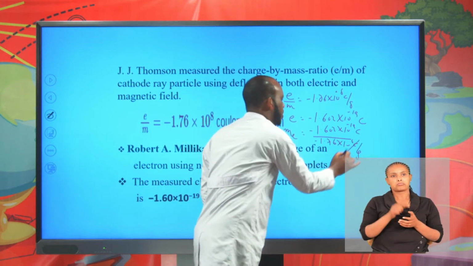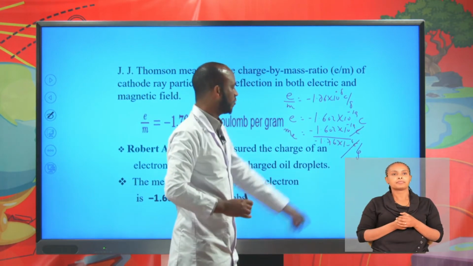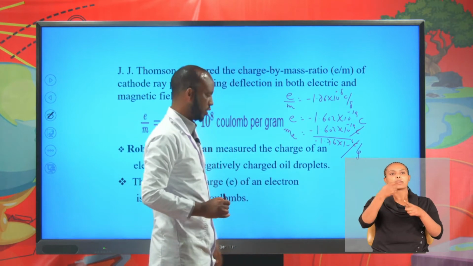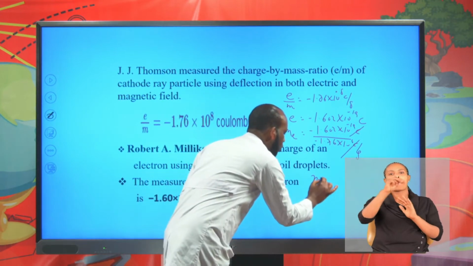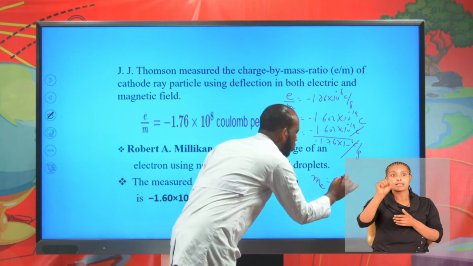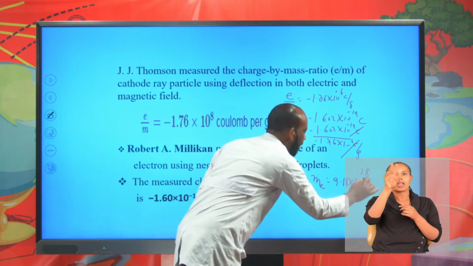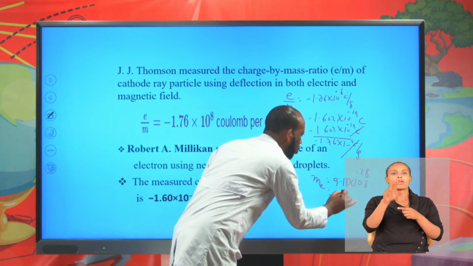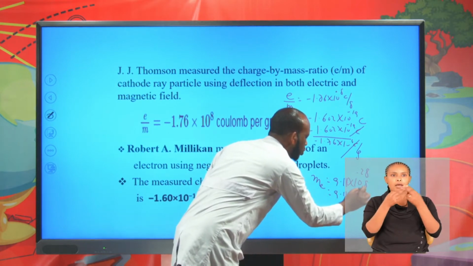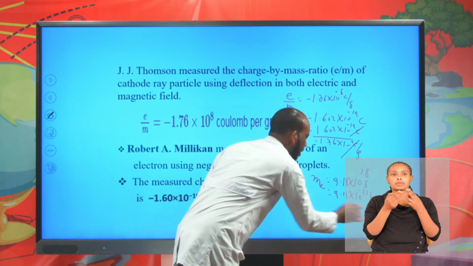Coulomb will be cancelled by coulomb. We are left with gram, which is the unit of mass. Therefore, mass of the electron equals 9.11 times 10 raised to minus 28 gram, or 9.11 times 10 raised to minus 31 kilogram.